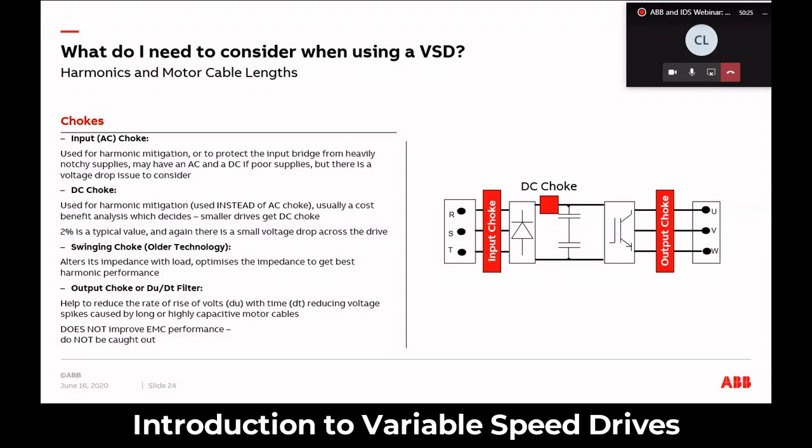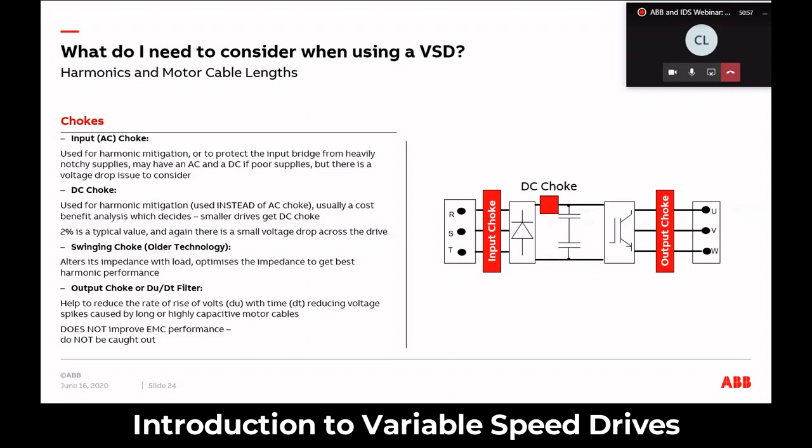Normally with the smaller drive sizes you'll get a DC choke to help reduce harmonics on the system, but on the larger size of drives, you'll have a choke on the AC side, or the input side. Both of those are used for harmonic mitigation, and in some cases they're used to protect the input bridge from heavily notchy supplies.